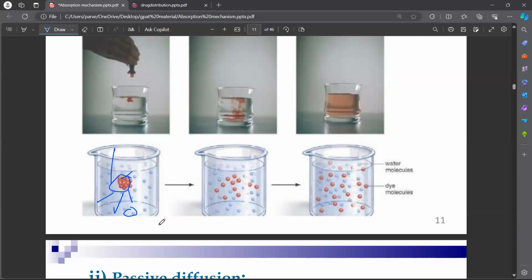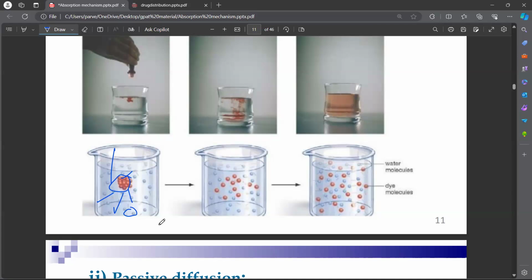Equilibrium conditions are never attained in our GIT, because blood flows continuously throughout the body and this leads to the formation of the sink condition. This is the terminology sink condition. Due to the presence of the sink condition, the concentration gradient is established, which acts as the driving force for drug absorption through the GI membrane.